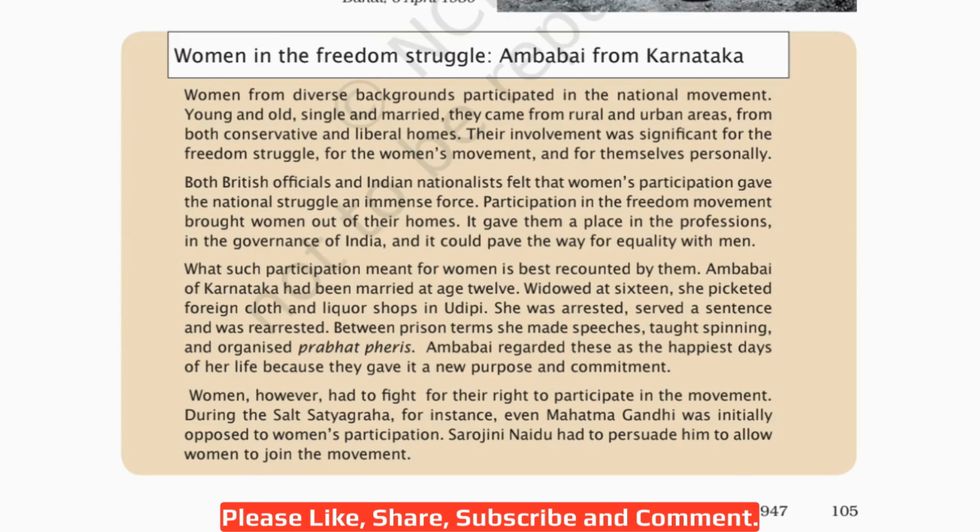Participation in the freedom movement brought women out of their homes. It gave them a place in the professions, in the governance of India, and it could pave the way for equality with men. Because at that time, women were just confined to their homes. But now, they also wanted to do something. They also got a position in the governance of India.